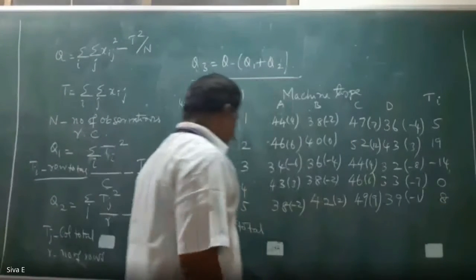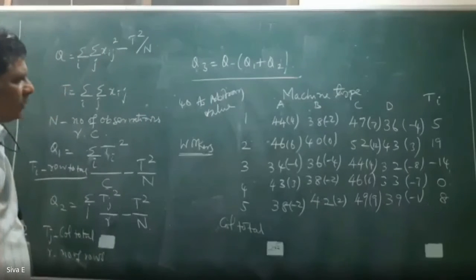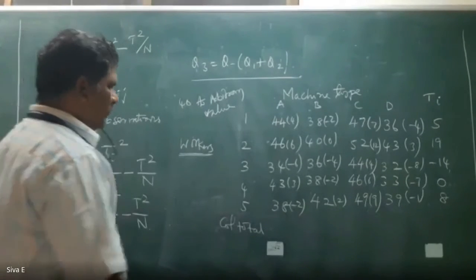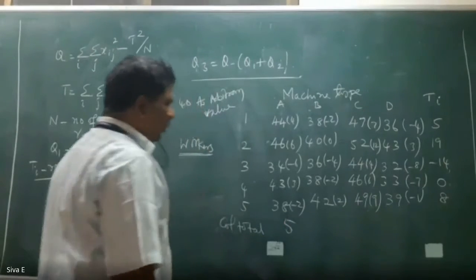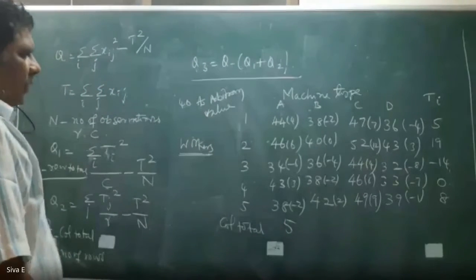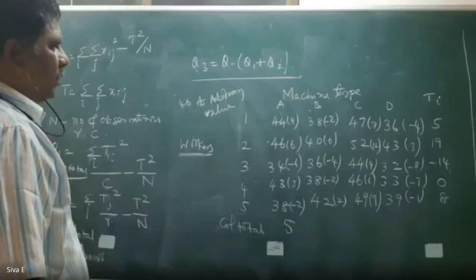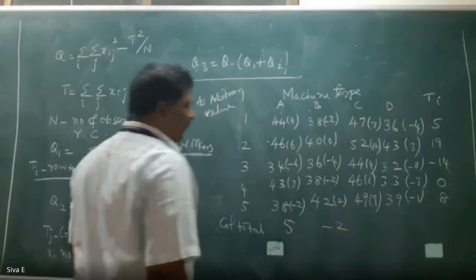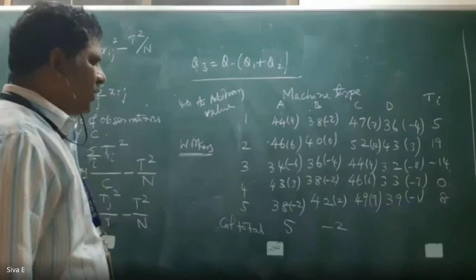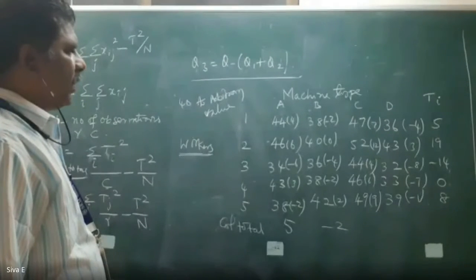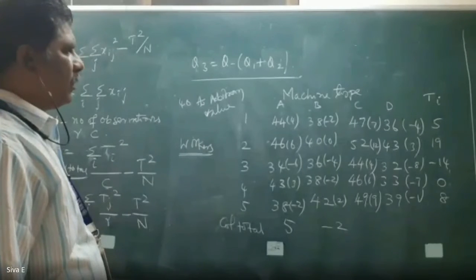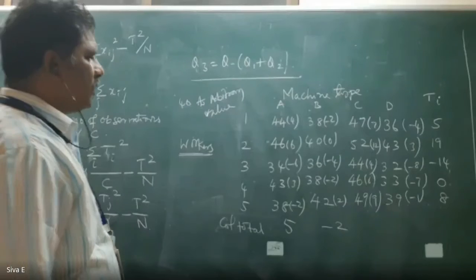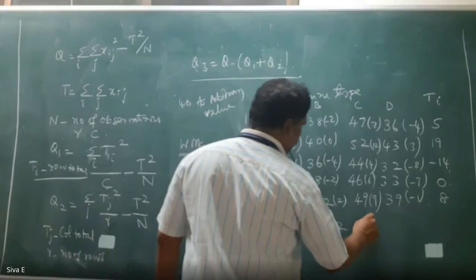Okay. Column total now: 6 and 6 cancel, 4 plus 3 is 7, minus 2 is 5, minus 2 plus 2 cancel, minus 4 plus 2 is minus 2. Now if any changes there, let me know. 7, 12, 19, 21, 27, 36.